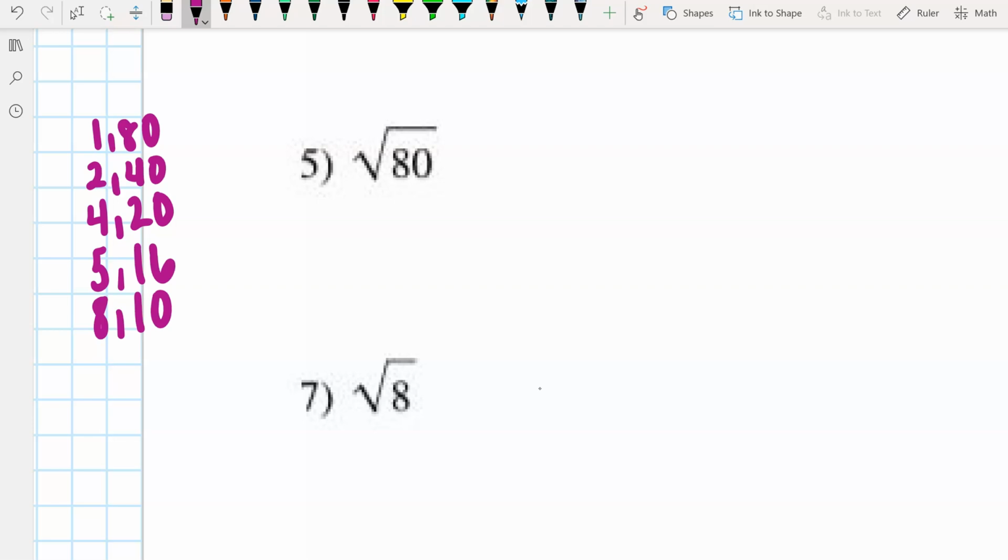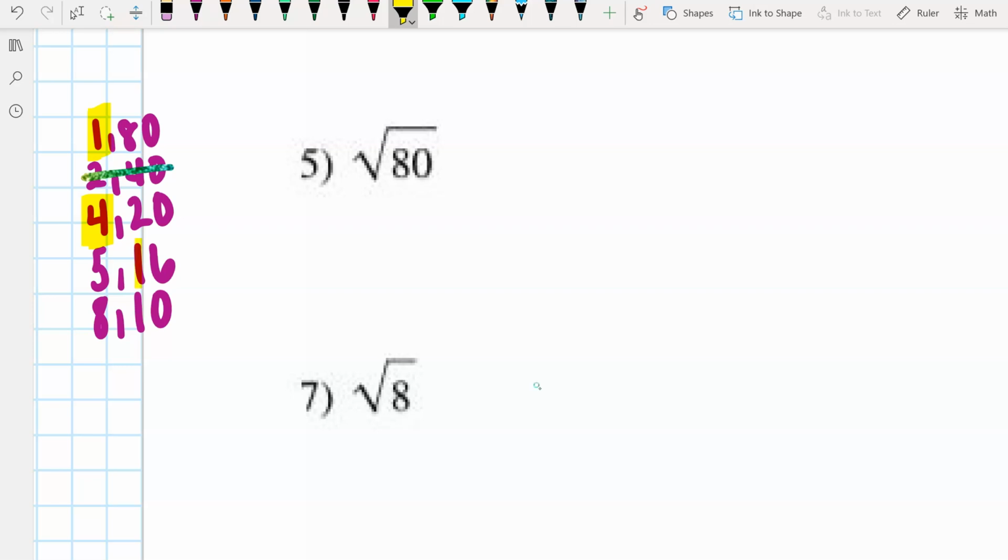So again, we're looking for the greatest perfect square. Okay, so something we can take the square root of and it will give us a nice pretty number. So here 1 is always a perfect square. 2 and 40, neither of those are perfect squares. Okay, we do have 4 and 20. Okay, so we need to take a look at that one.